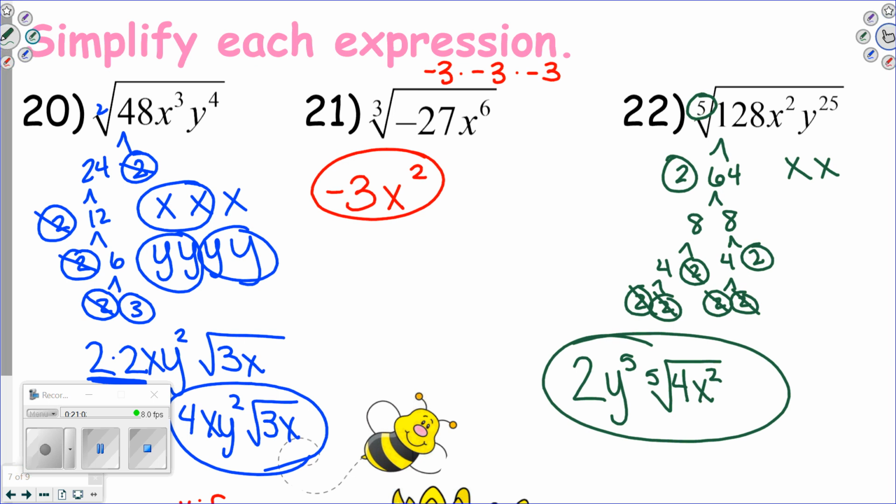We're okay with that? And then since it was a 5 for an index, I need 5 of them to come outside. So I cross off 1, 2, 3, 4, 5. So there were 2, so a 2 came out. And then I still had this one and this one left over. So to put them back under, we always multiply them back underneath.